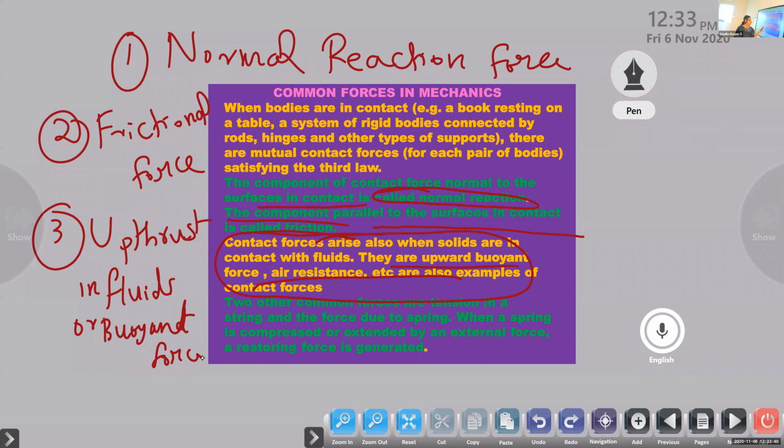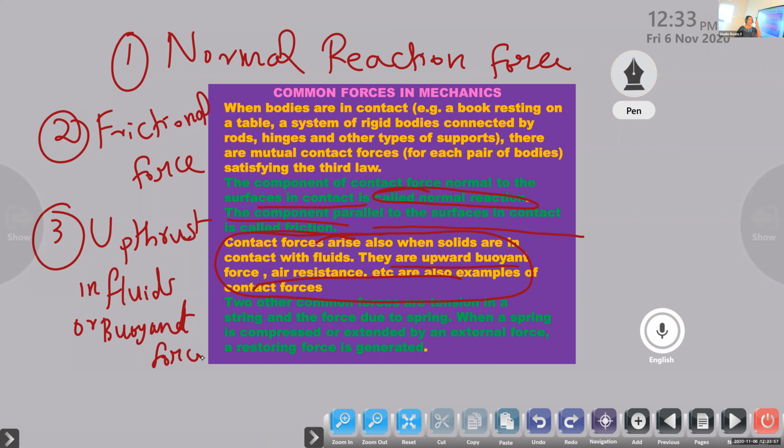That is another force which is acting on any object when it is in a fluid, whether it is in the water, or suspended in the air, like an aeroplane, or we are suspending something in the air.